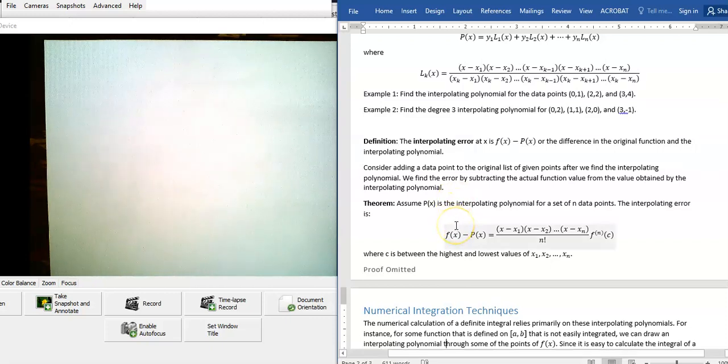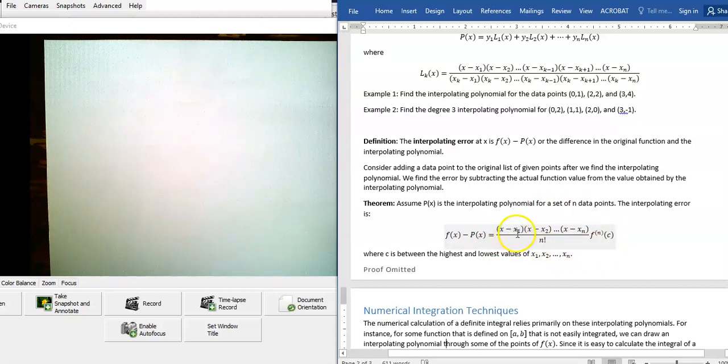The interpolating error, there's a theorem for that, which I won't prove here. It's just a little bit too complicated for what we're doing. But here it is. The interpolating error using some Taylor polynomials can be found to be this quantity here.